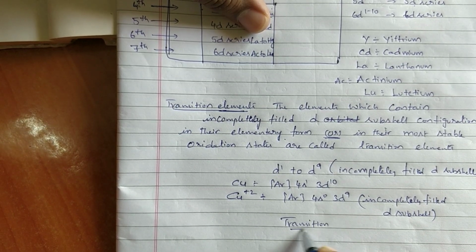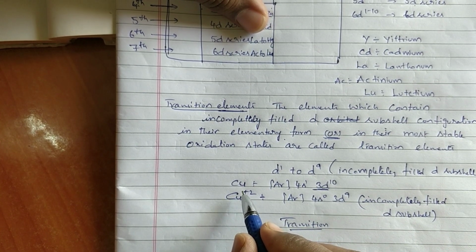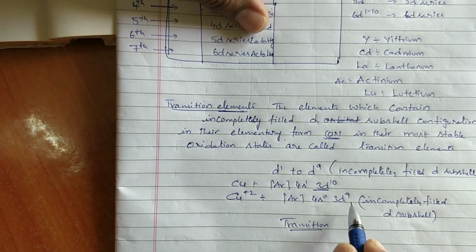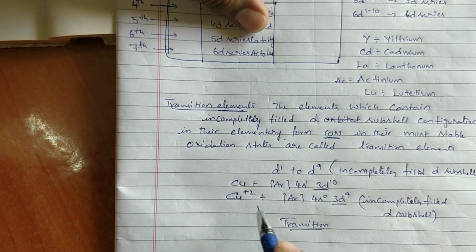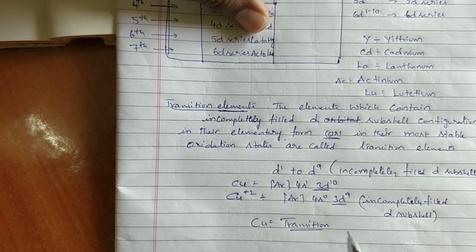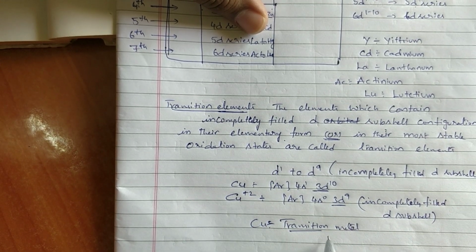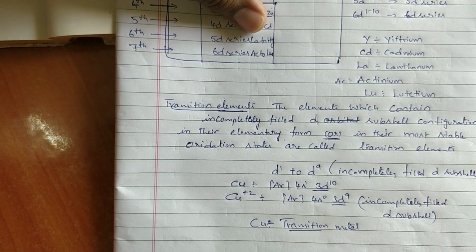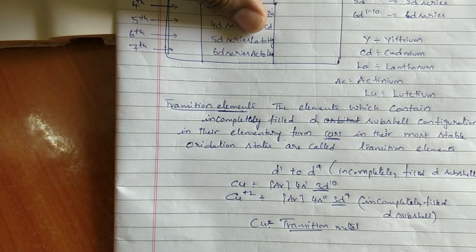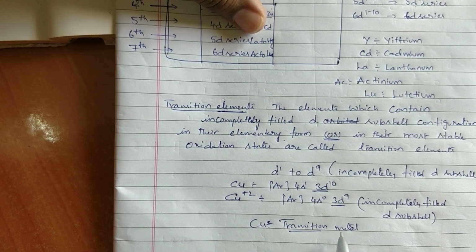So copper has a completely filled configuration in its neutral form, but not a completely filled D subshell in its most stable oxidation state, Cu+2. So copper comes under transition metals. Don't think that Cu+2 is the transition metal; copper is called the transition metal.